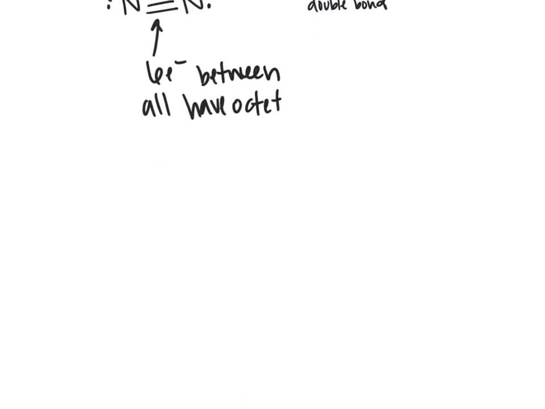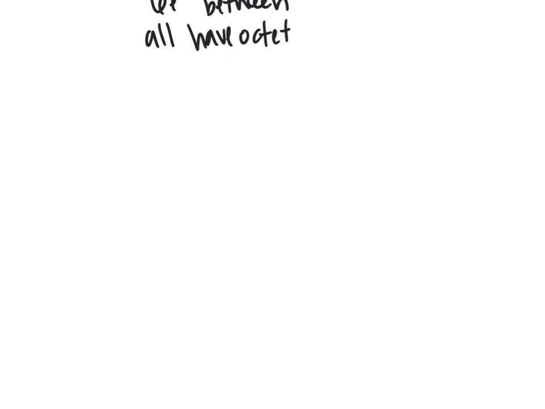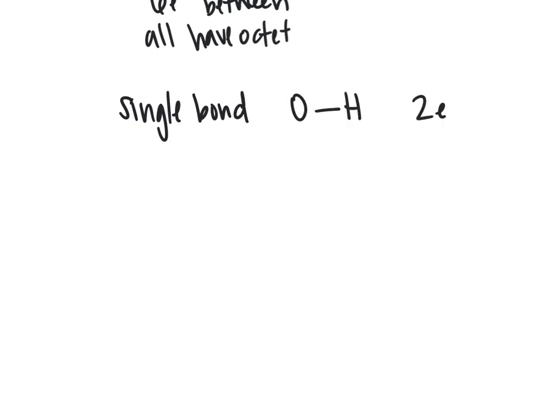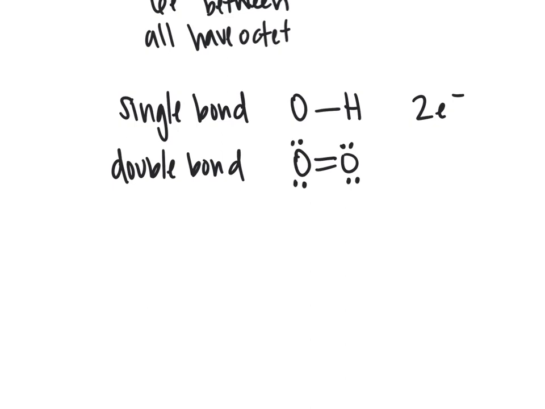So we've looked at, in this video, 3 different types of bonds. We have a single bond, which an example would be OH, and it is 2 electrons. We have a double bond, and we can see that between oxygen, oxygen, there are 4 electrons between.